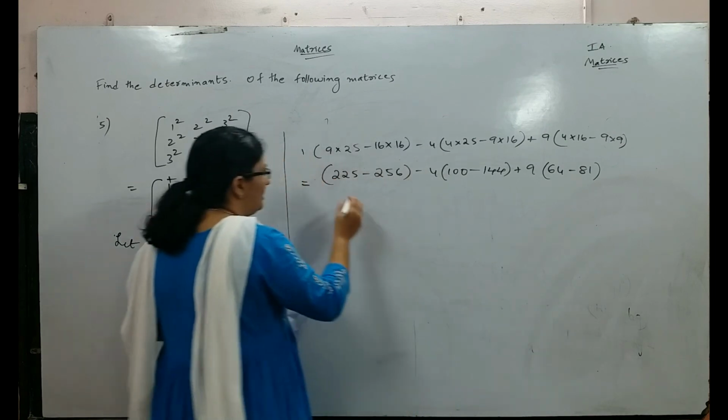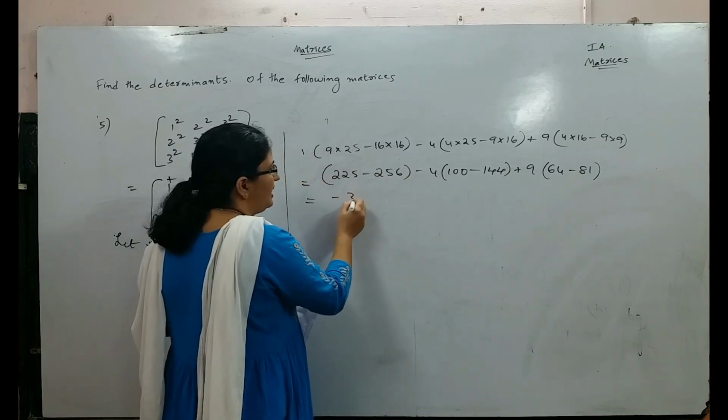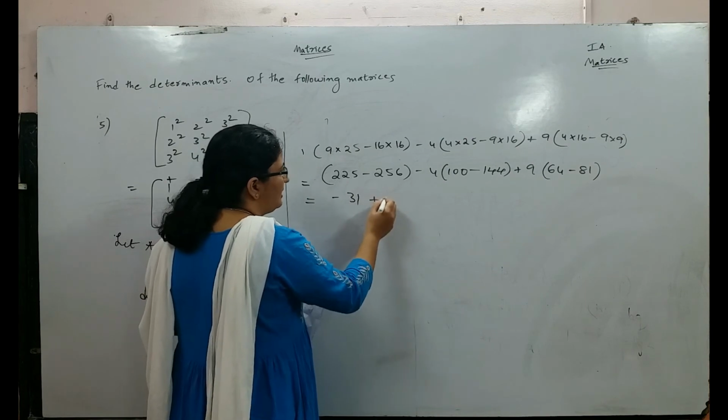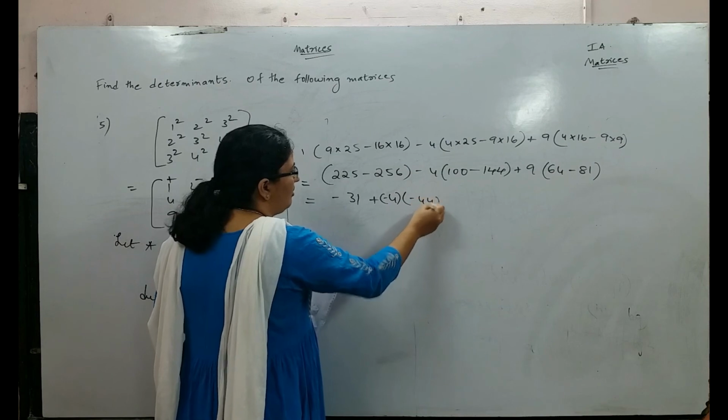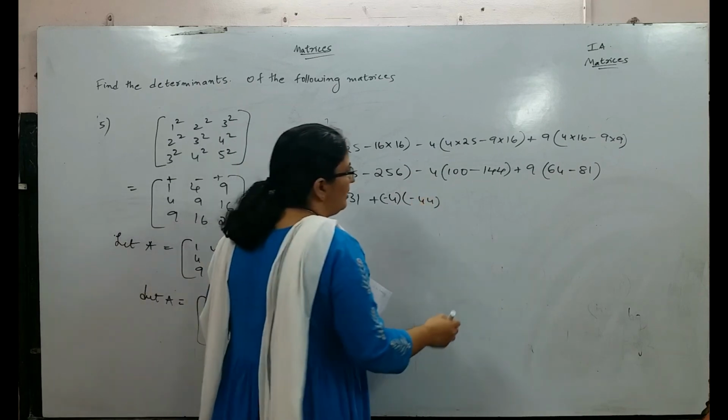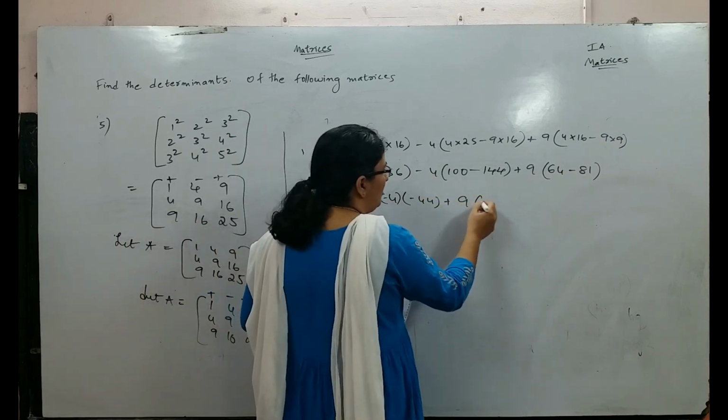So this is minus 31, plus 4 into 44, plus 9 into minus 17.